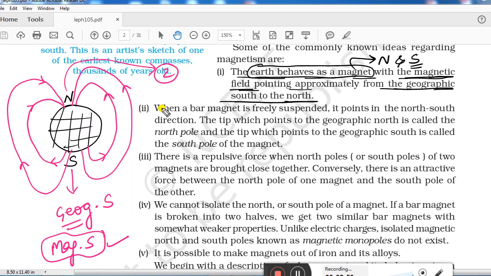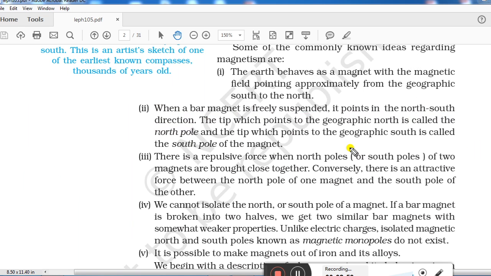Now let us start the second point. When a bar magnet is freely suspended, it points in the north-south direction. What are they saying in the second point? If this is your earth, here you have north and here south, geographic obviously. Suppose you have taken a bar magnet. You know a bar magnet very well.